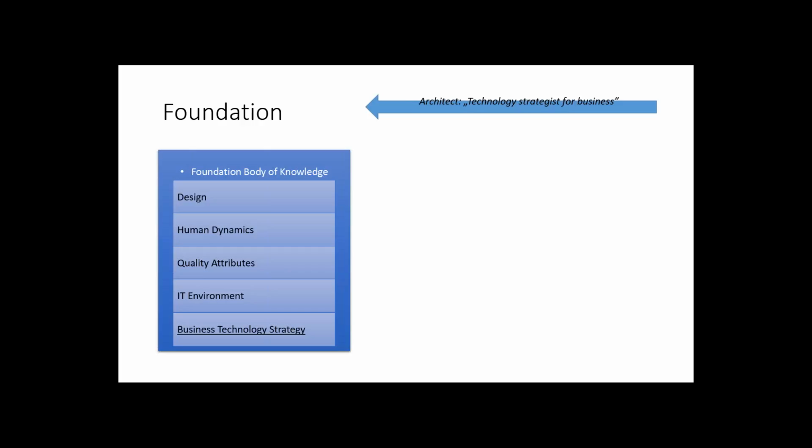There is a fundamental shift between how ISA deals with the career of an individual versus the likes of TOGAF or the Zachman framework, which are more technology frameworks. Of course, they also support the business, but ISA looks at it from a different angle.